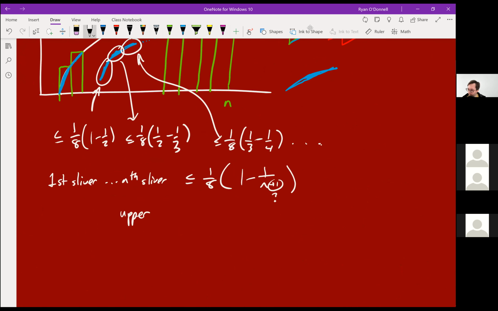on the area of the slivers, which is 1/8, I guess. And the lower bound is 0. I mean, you could maybe work even harder to get some lower bound, but yeah.